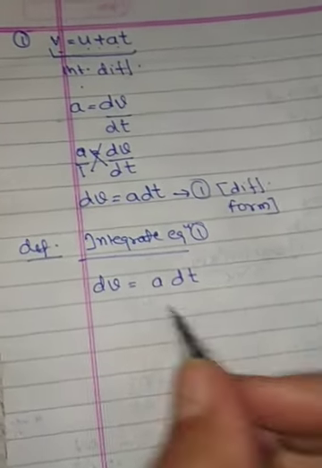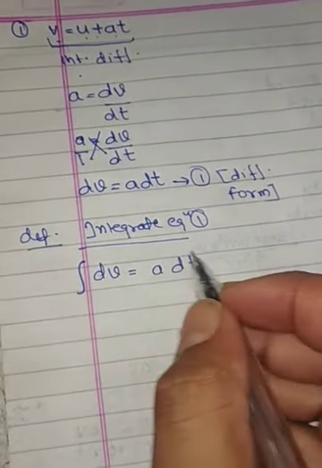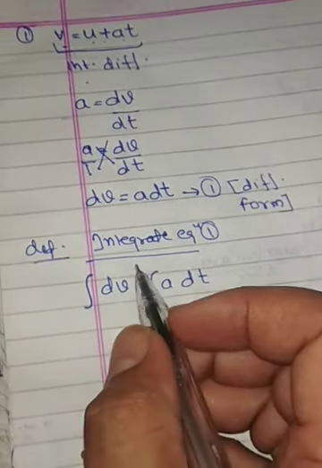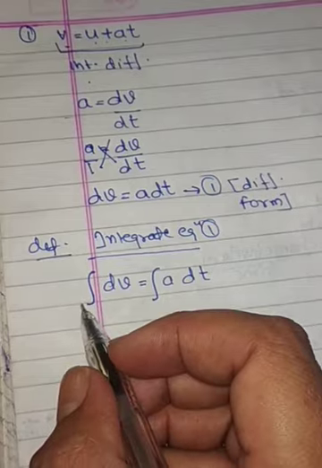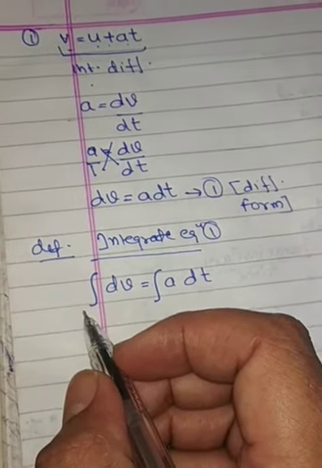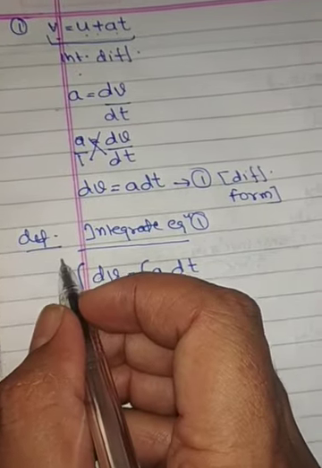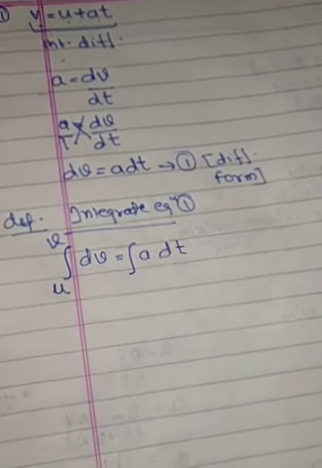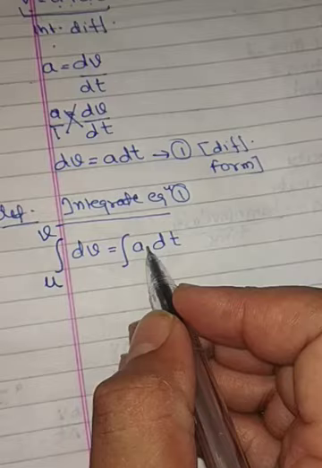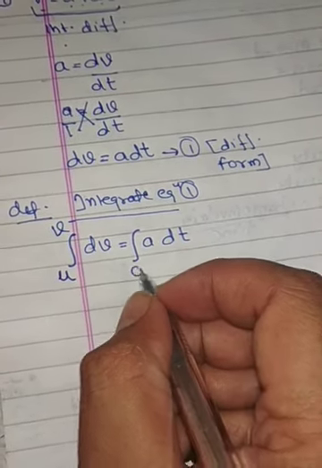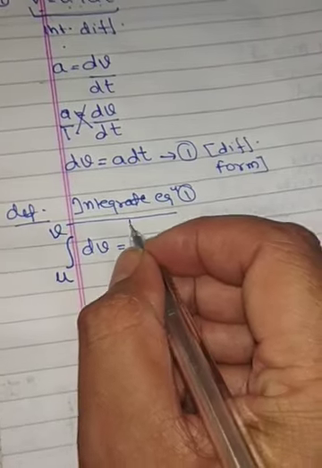We will take the definite integration. This is the symbol of integration. This is the velocity concept, so the definite integral we will apply here. It will move from initial velocity u to final velocity v. According to it, the initial time was 0, and the final time is t.